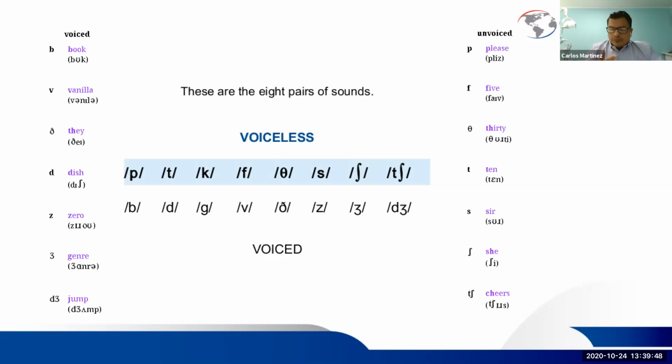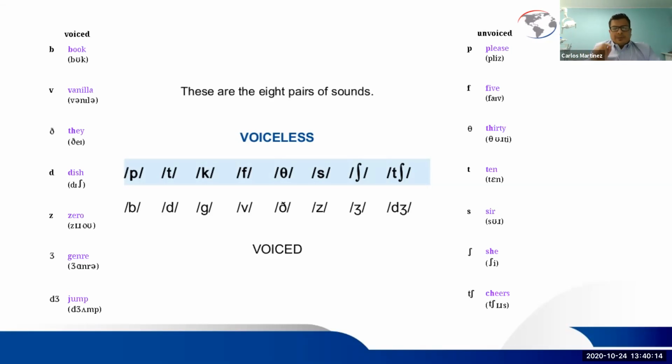So the mouth, the air, everything is the same. The only difference is the vibration of the vocal cords, okay? So these 16 sounds have their equivalent in the way that your mouth and your teeth and your tongue are going to be collocated, okay? We don't have enough time to teach about how the teeth and the mouth and the tongue are collocated, but maybe we can do that some other time.